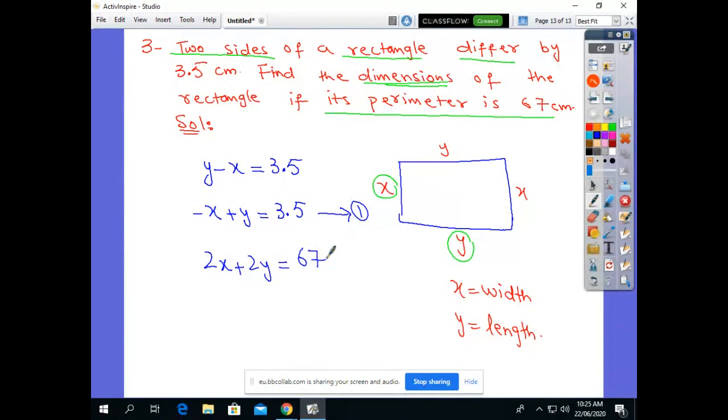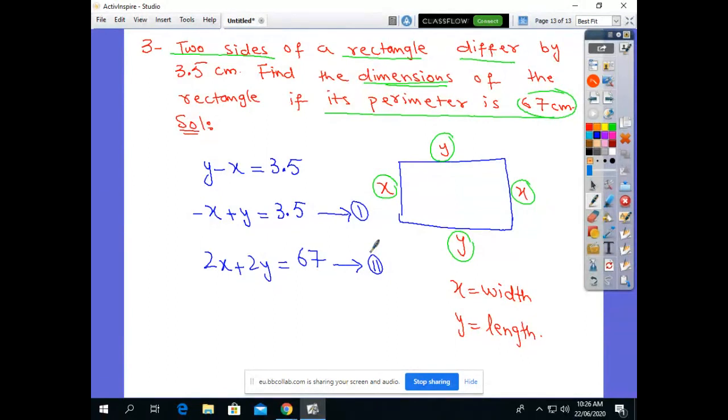Here we see that there are 2x and 2y. We add these four lengths or dimensions to get the perimeter, and the statement says the perimeter is equal to 67. We call this equation number 2.